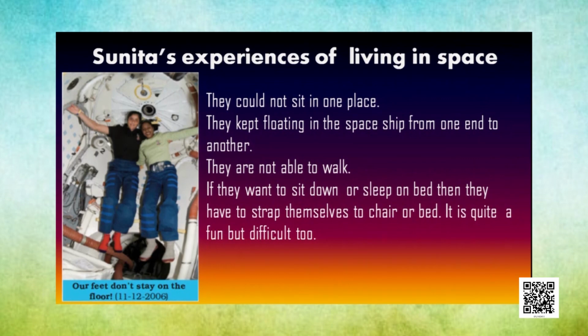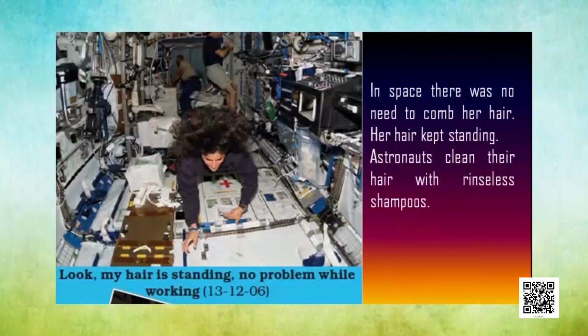Isn't it very difficult? One very fantastic thing she shares. You can see in this picture that her hair is standing. She doesn't face any difficulty while doing some work because hair doesn't fall on her face. This picture was taken on 13 December 2006.